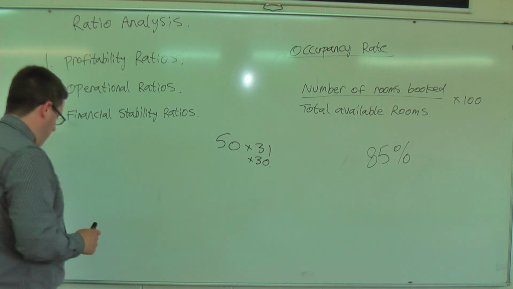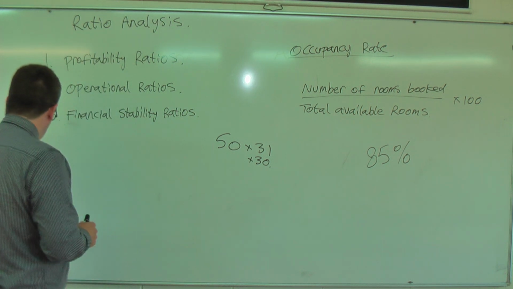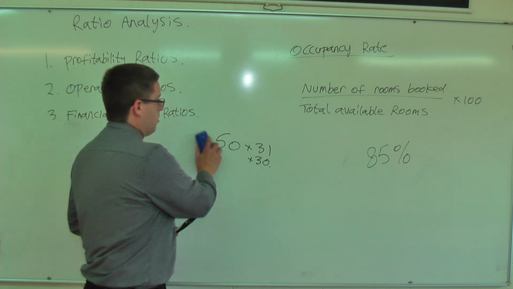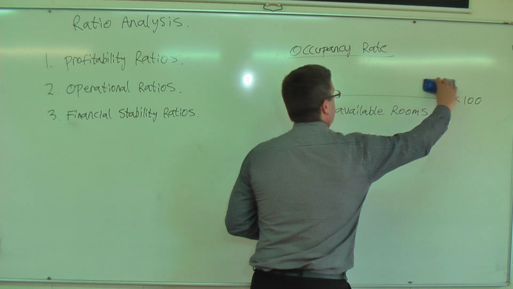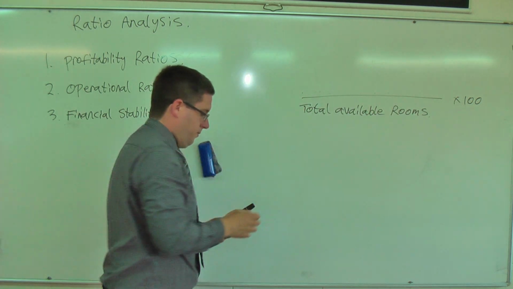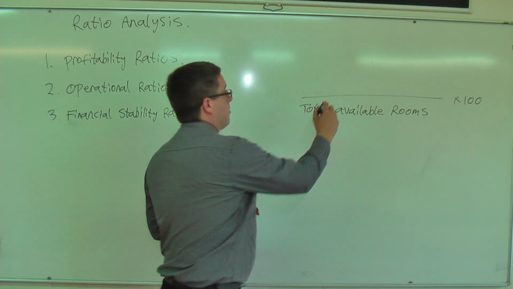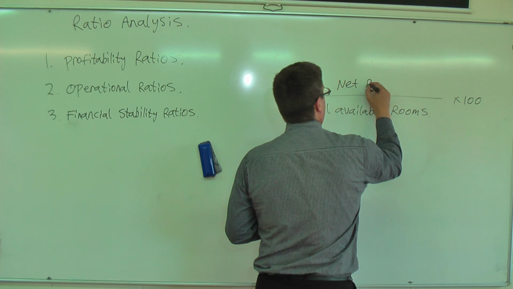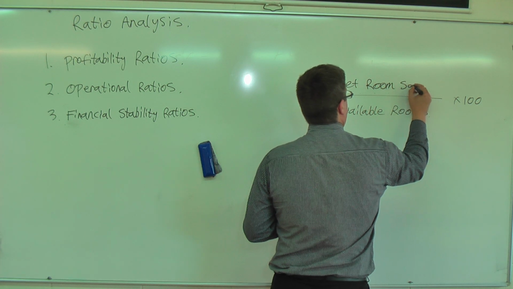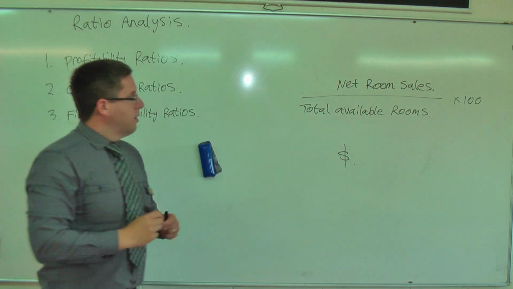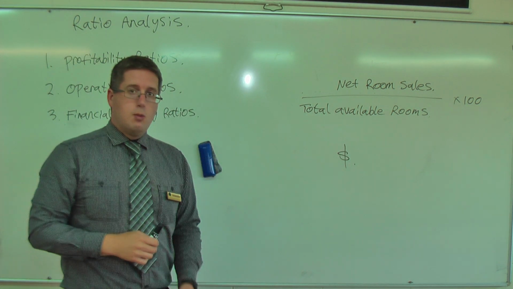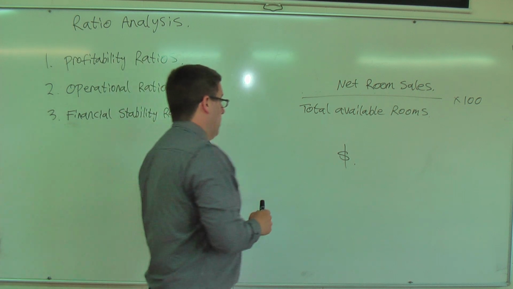Now this comes into the last ratio that we're going to be covering in this session, and it's called RevPAR. Now the bottom stays the same, and at the top we've got net room sales divided by total available rooms, and we don't need it times 100 anymore.